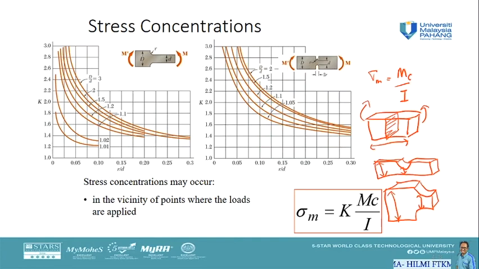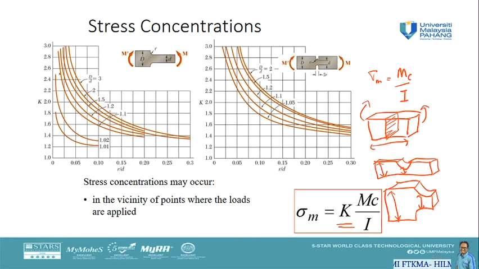The maximum stress in the critical cross section can be expressed as sigma m equal to k times Mc over I, where k is the stress concentration factor, obtained from these two graphs. The first graph is for the first case, a sudden change in width, which we also call a fillet, and the second is for the groove or notch.